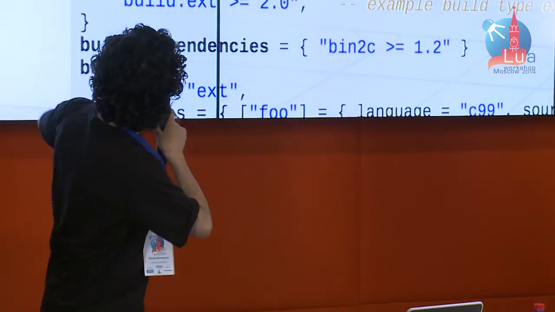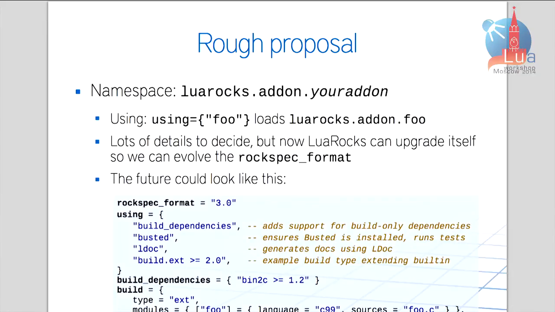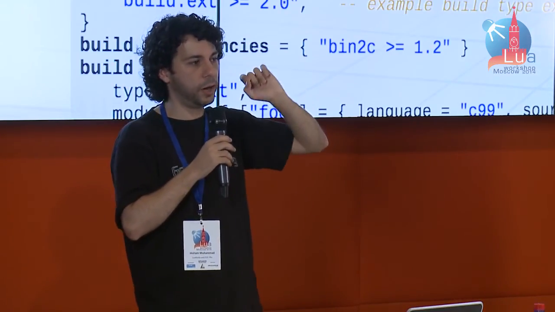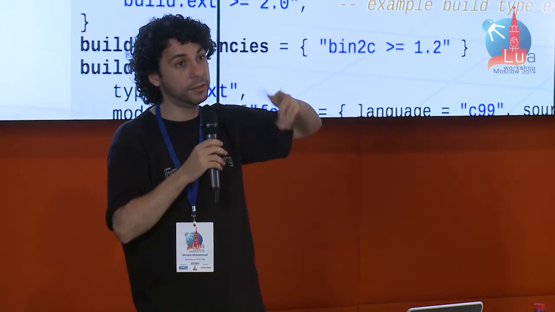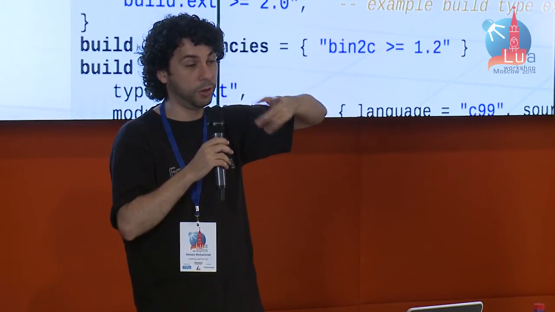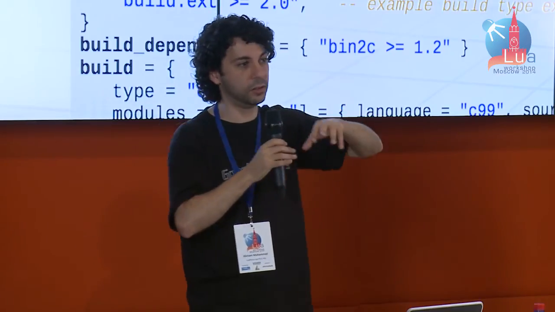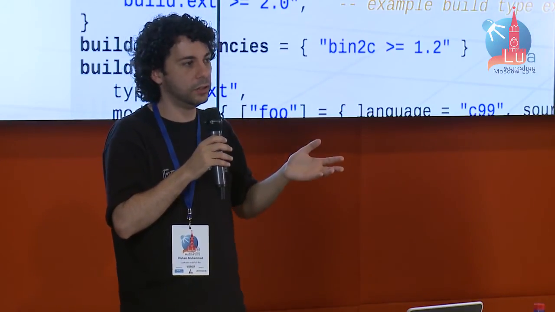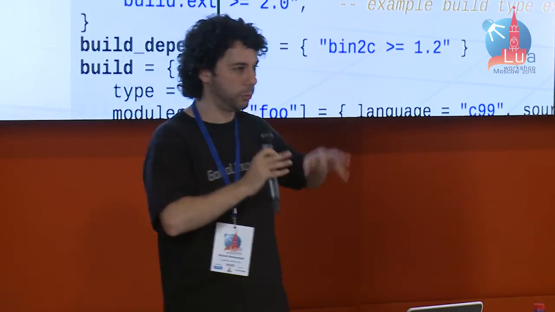So in the future, when we write rockspec_format 3.0, even if you use a very old LuaRocks, it's going to say, you're using a new rockspec, please upgrade your LuaRocks. And now that LuaRocks can upgrade itself, we can say luarocks install luarocks. It's not going to be a big trouble for the user. It says, oh, your LuaRocks is too old. Oh, okay, I'll just upgrade it.